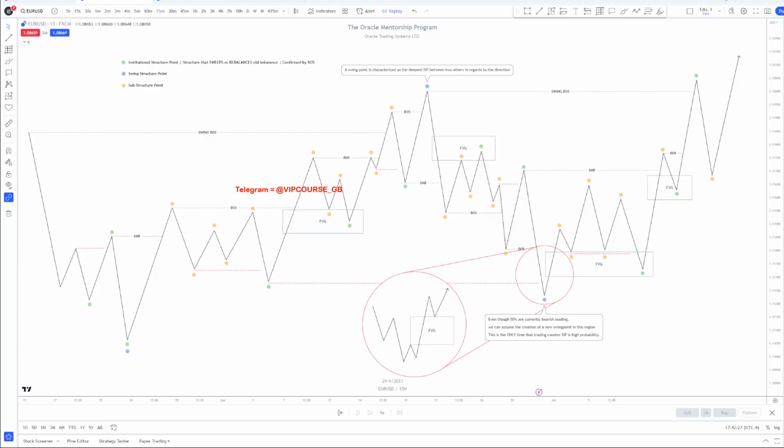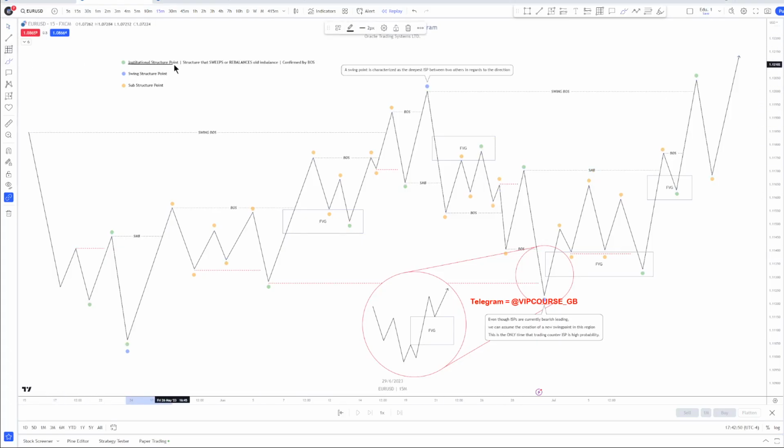Okay, so the Oracle system, we view structure in a very unique way. We view structure within a three-class system. We have institutional structure, we have swing structure, and we have substructure, okay?